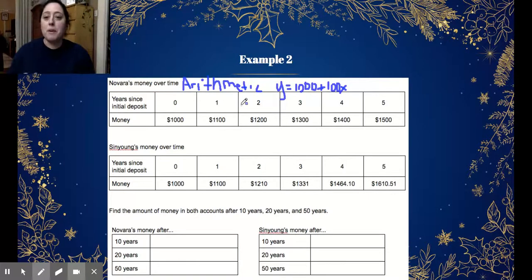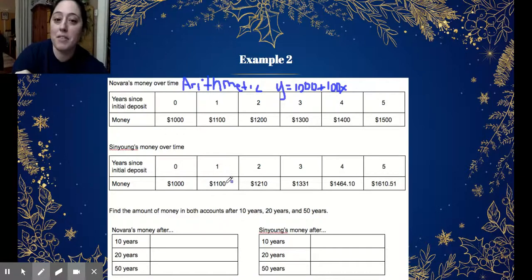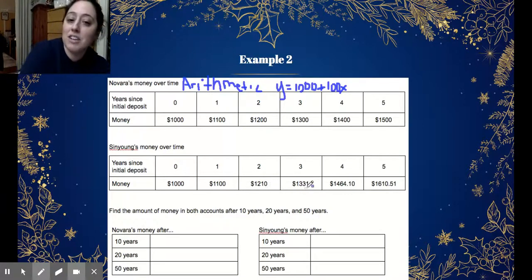That's not where I want to spend all of our time. I want to spend it right here with Shin Young's money. Here she is going from 1,000 to 1,100, then to 1,210, a little bit more, then to 1,330. So I'm not just adding 100.